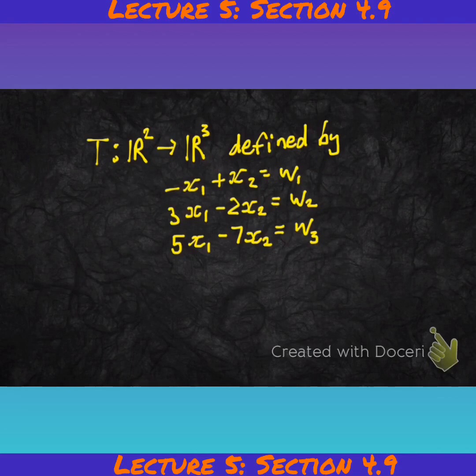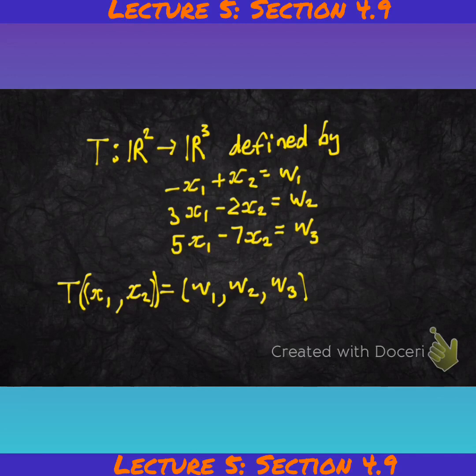It takes each point x1, x2, and manipulates it to get a point in R3. Essentially, T takes the vector x1, x2, and maps it to the vector w1, w2, and w3.